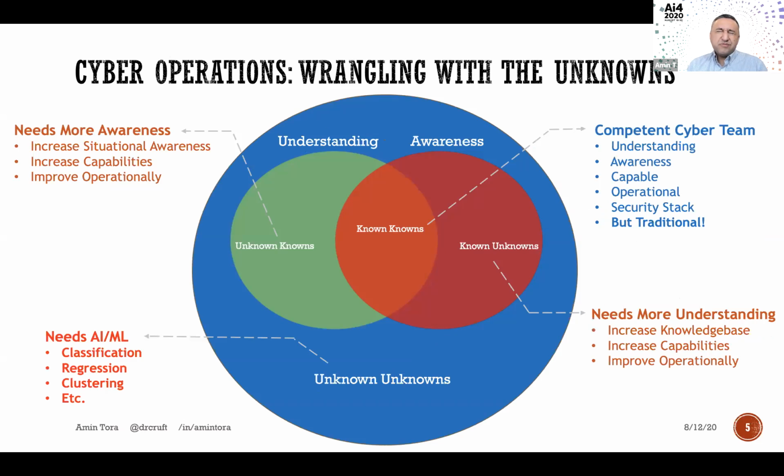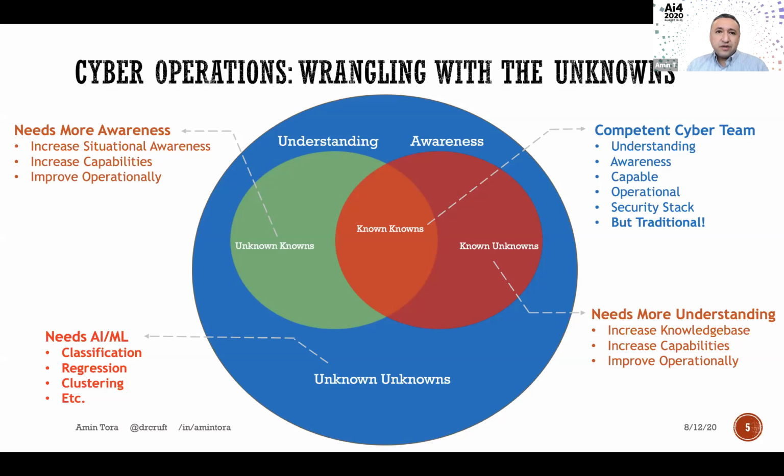You can have a competent cybersecurity team with really good understanding, skill sets, and knowledge base. They may have very good awareness, CTI, cyber threat intelligence, and operationally it might be interconnected well, and the security stack might be integrated and automated, but still it's traditional.